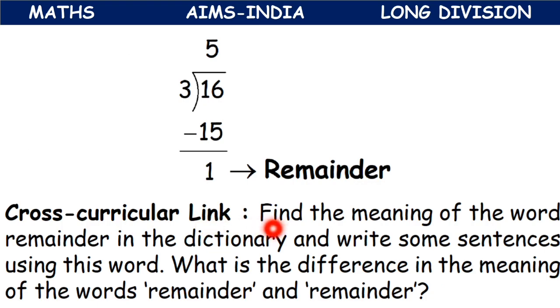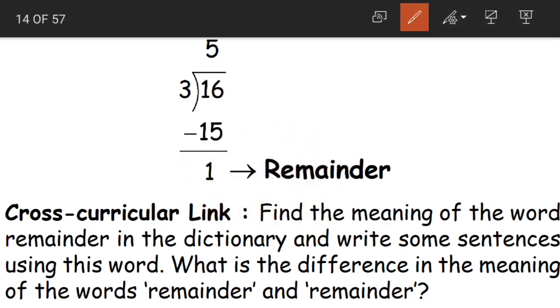A cross-curricular link. Find the meaning of the word in the dictionary and write some sentences using this word. What is the difference in the meaning of the words remainder and reminder? So what are they saying? Cross-curricular link is nothing but here they are asking you to link mathematics with English. Now what should you do?